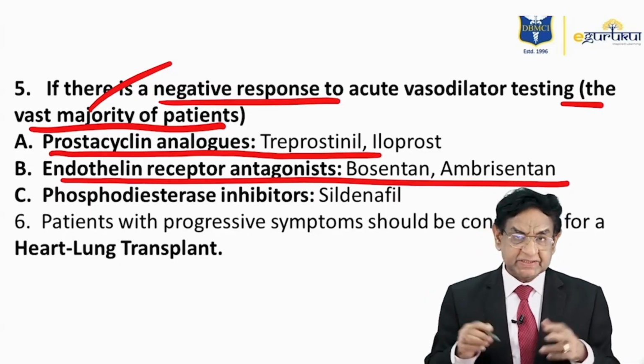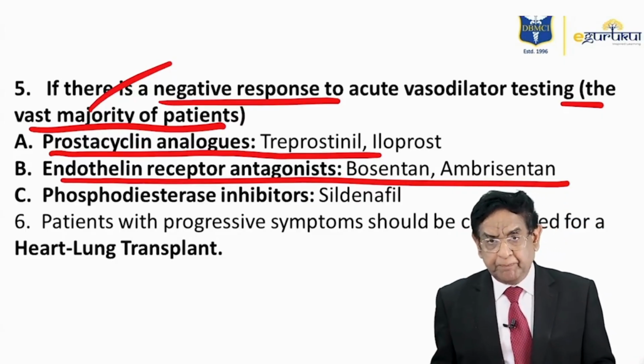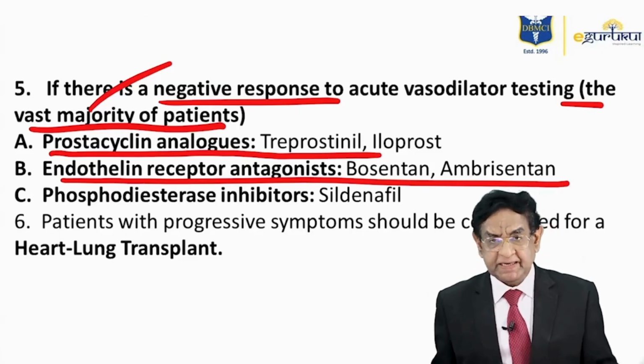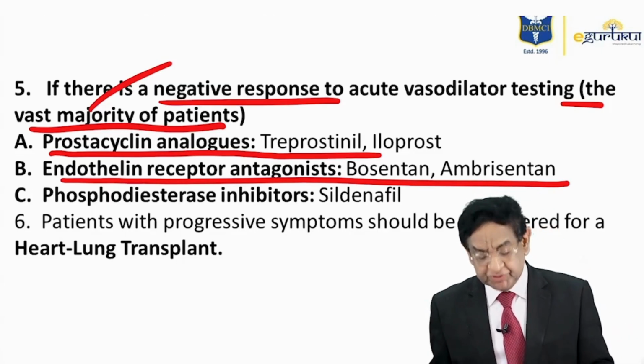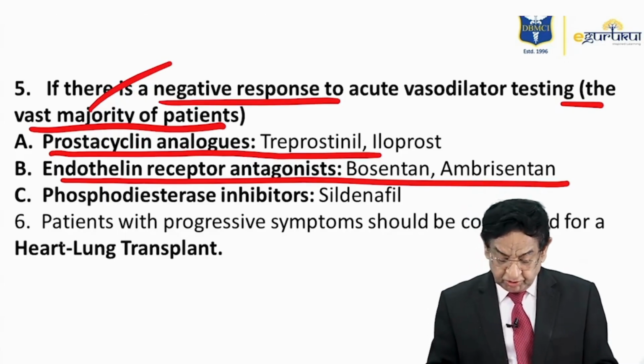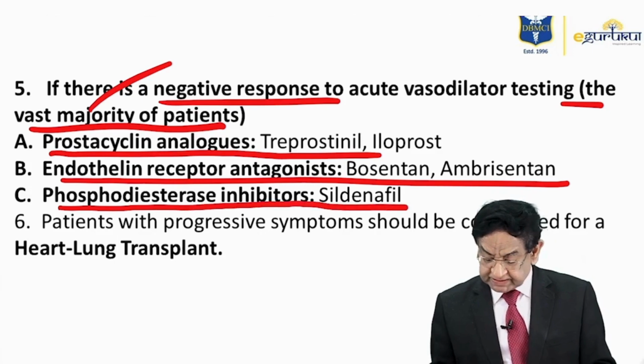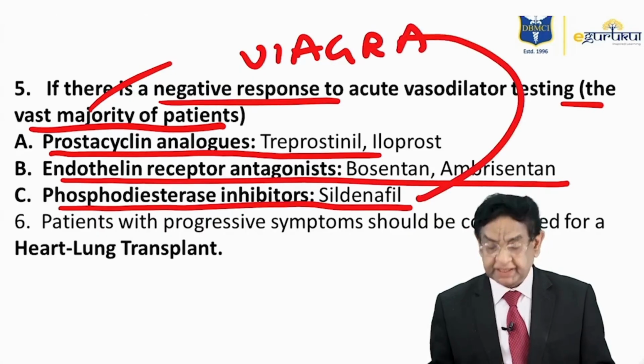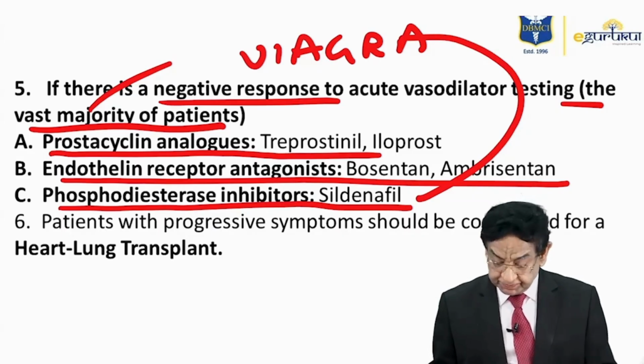So now we are reversing the process. We are giving prostacyclin analog to dilate, and endothelin receptor antagonist to reduce vasoconstriction. We can also use the phosphodiesterase inhibitor sildenafil, which is nothing but Viagra. It is used in PAH also.